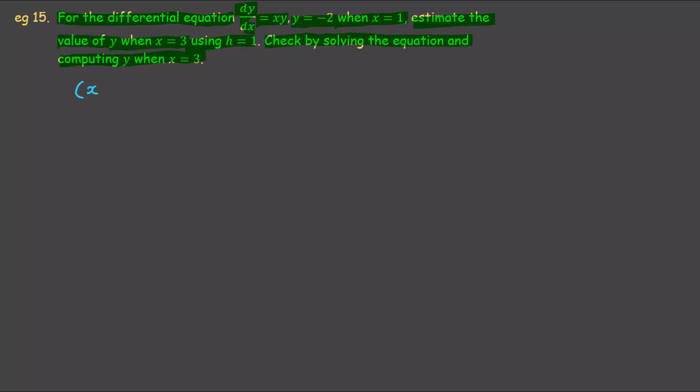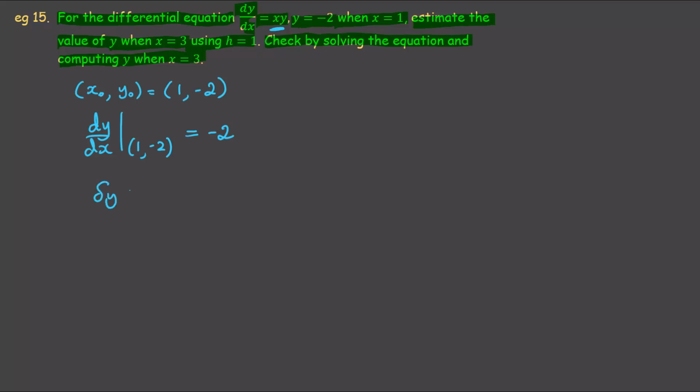we can identify our x0, y0 as being 1, negative 2. dy/dx evaluated at 1, negative 2 is, since this is xy, 1 times negative 2, which is negative 2.